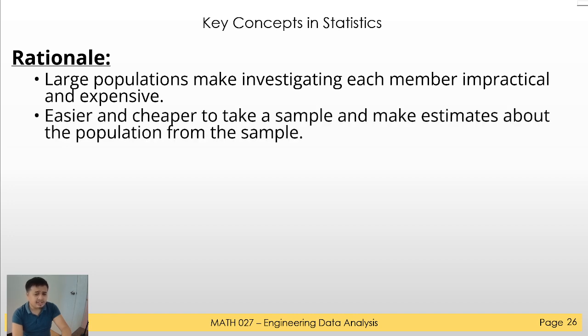It is easier and cheaper to do this, and we cannot really guarantee 100% even if it is true. I mean, if you can ask everyone in due time, you will face some challenges. So you just take a sample and create estimates from that sample.